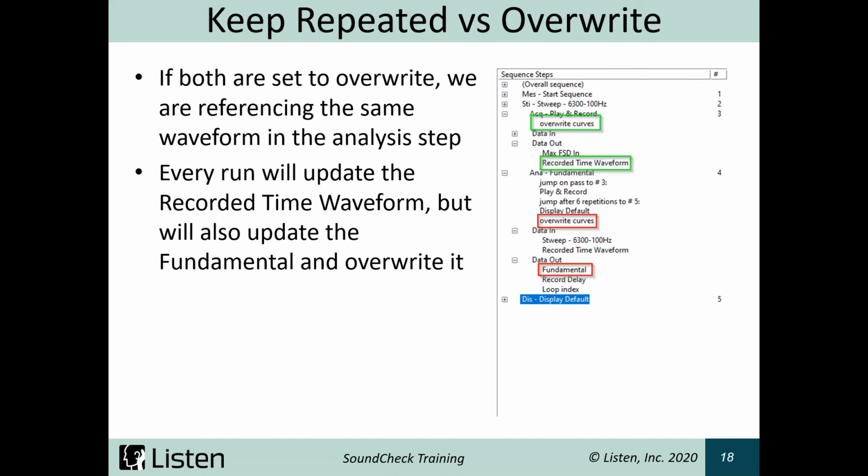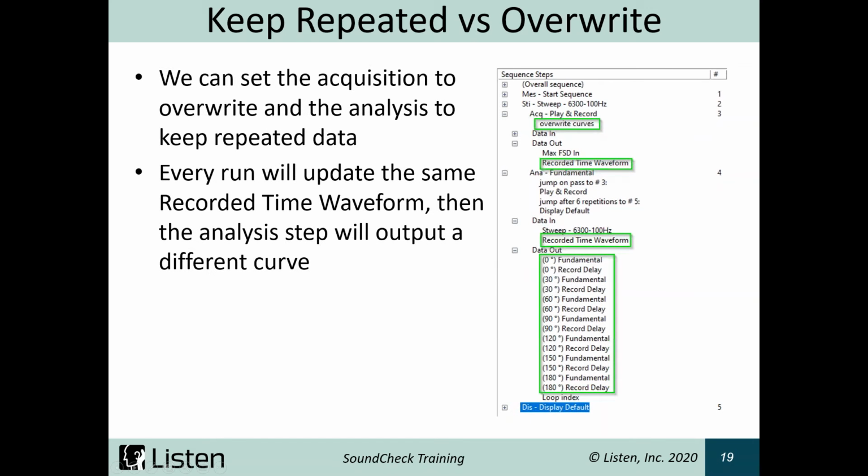Every time I run, it's giving me the most recent fundamental. The problem here is when I finish my sequence, all it's really going to show me is one curve named fundamental, and that will be my 180-degree curve. I won't have all those other curves I ran because my analysis step is set to overwrite. So when I overwrite it, it overwrites it.